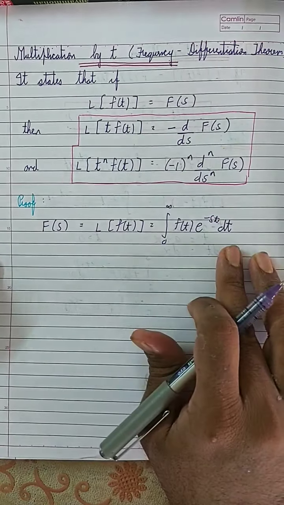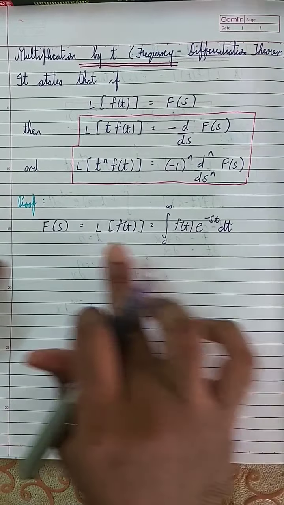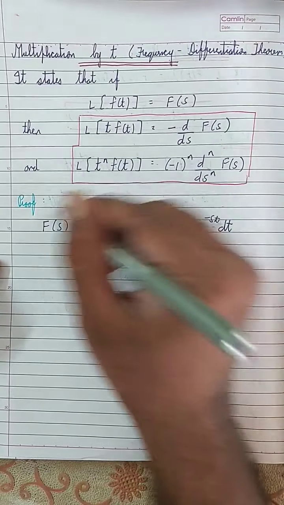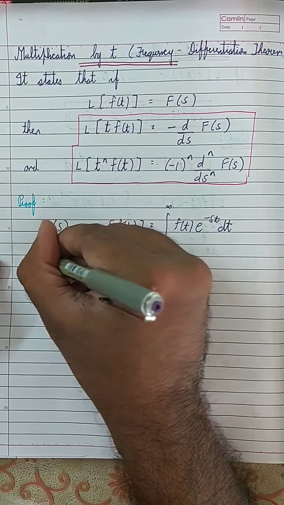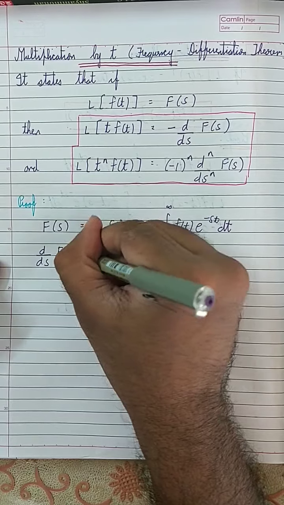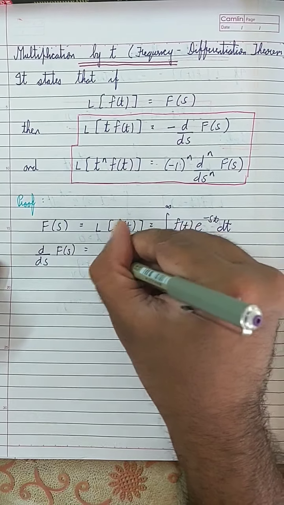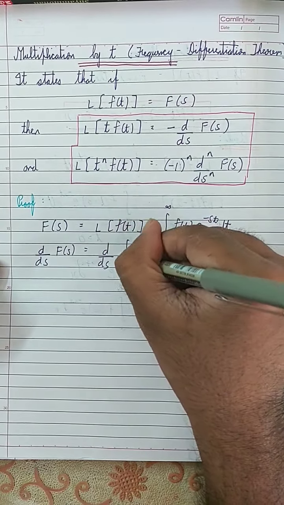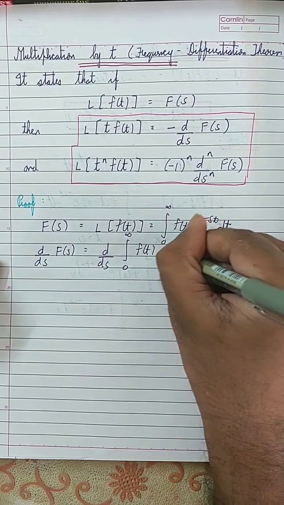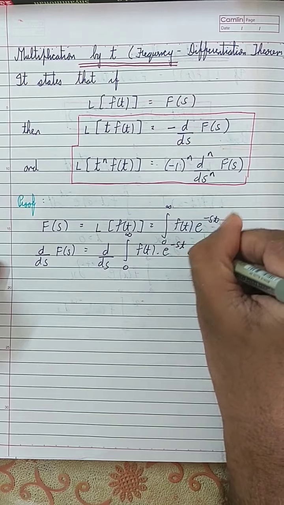Now I'm going to differentiate this equation with respect to s. So this will become d by ds of F of s is equal to d by ds of the integral from 0 to infinity f of t into e raised to minus st dt.